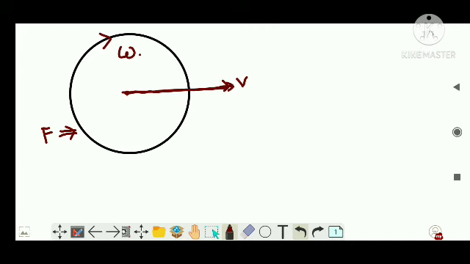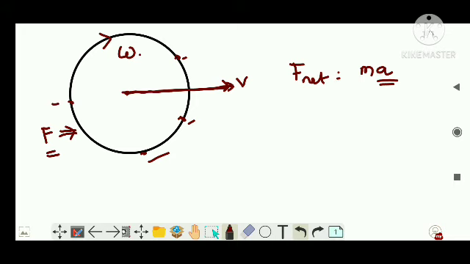This much clear? So if someone asks you the magnitude of the net force, that is this force value, how would you calculate? F net is equal to m into a. Now what acceleration would I write? Should I write the acceleration of this particle, or this particle, or this one? It is very difficult, because this one will be having some other acceleration, this one different, this one different.